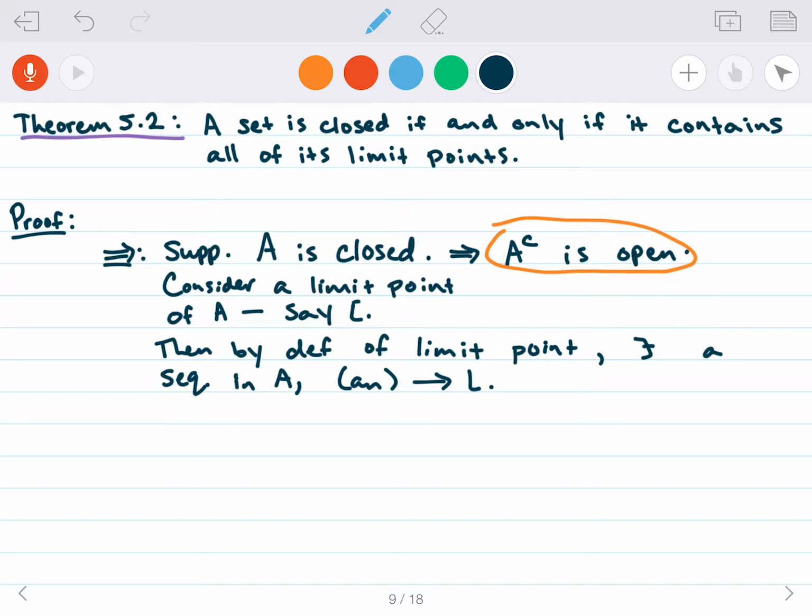And we're trying to show that this arbitrary limit point that we defined is contained in A. That's what we're trying to show.